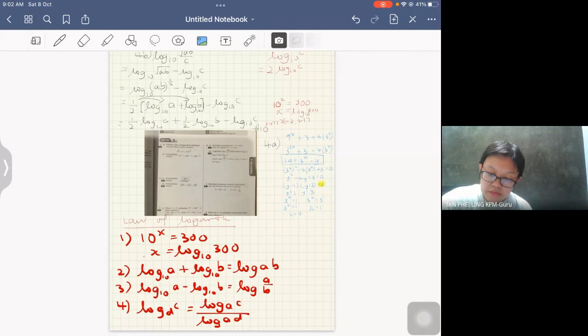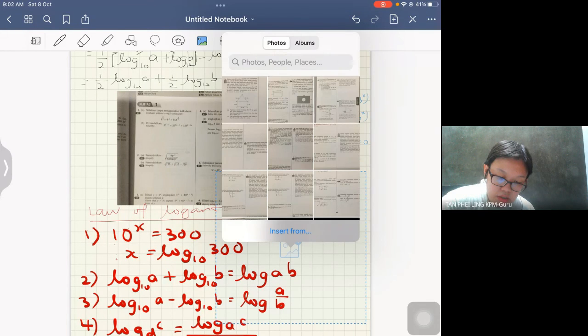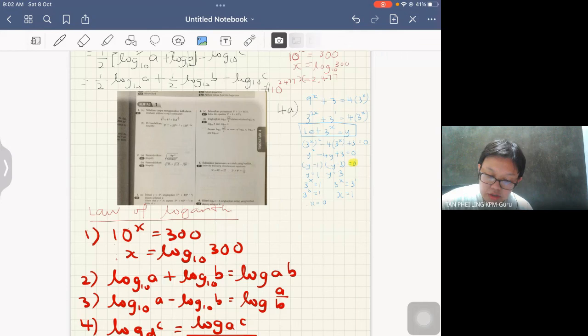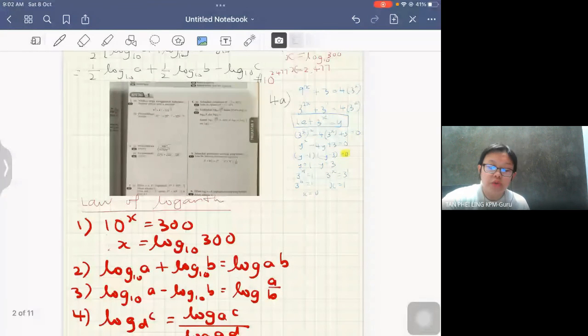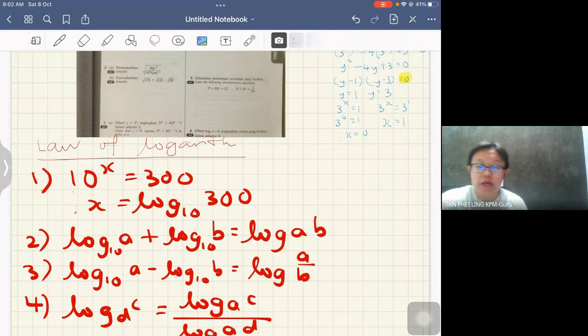So they are 3^x = 300. This one is to change an index number into logarithm. So you will have to put the base together with the log 300.